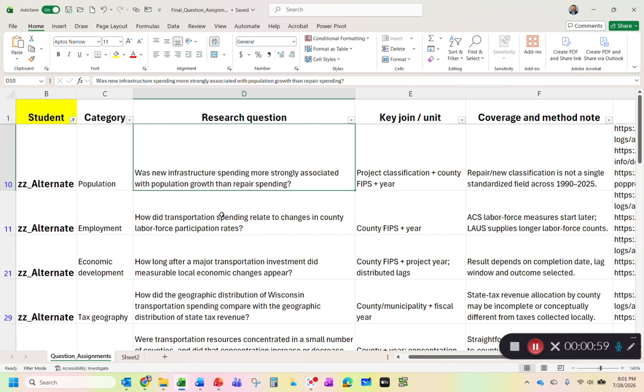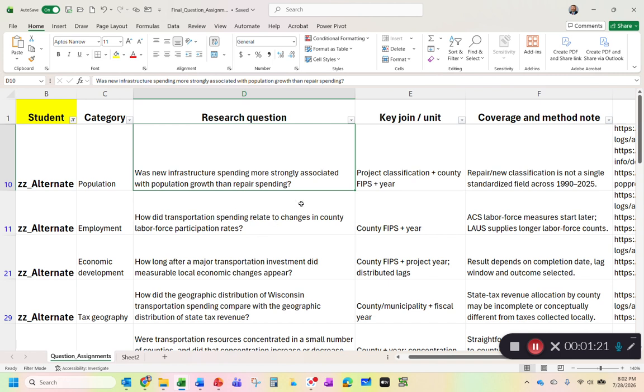The reason is that I would assume most of the construction is repairing or improvements, and it's not brand new stuff. That would just be my initial assumption.